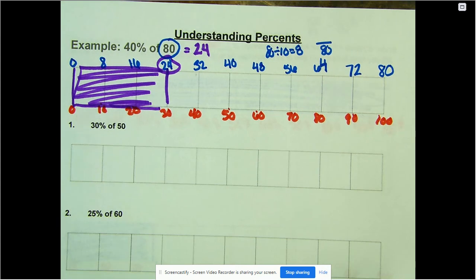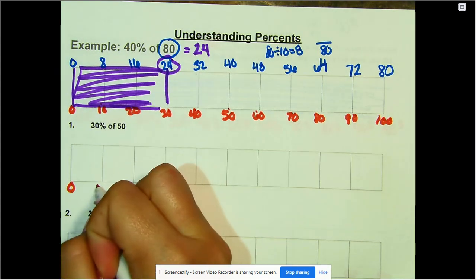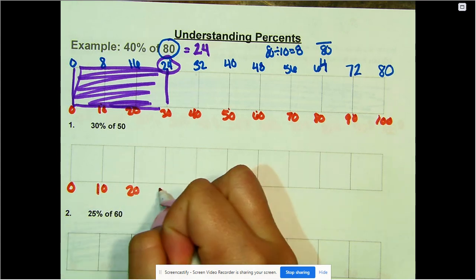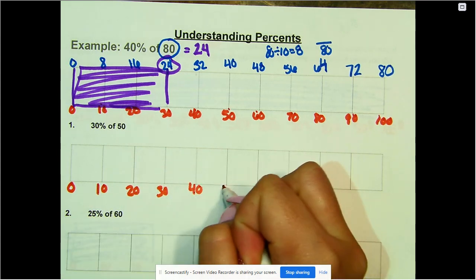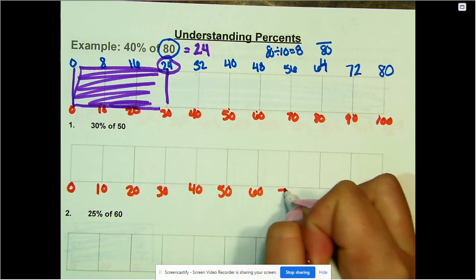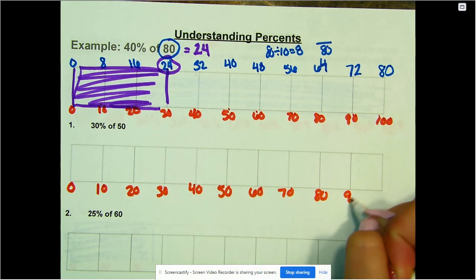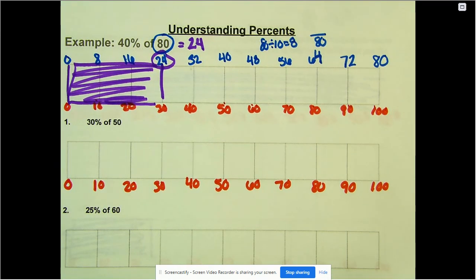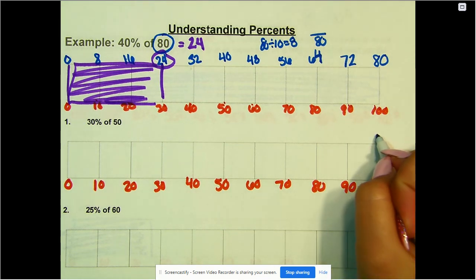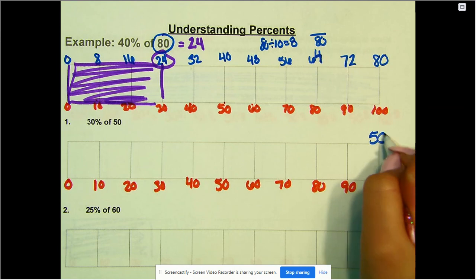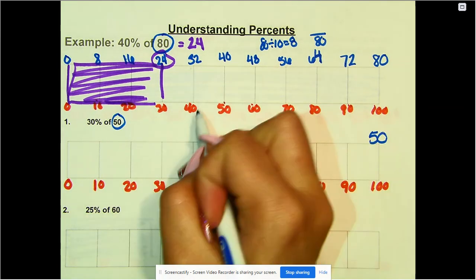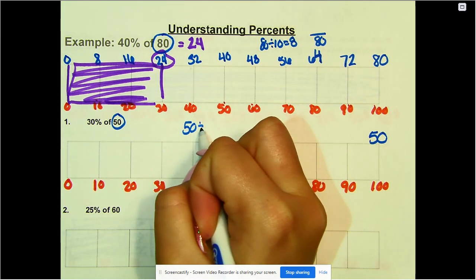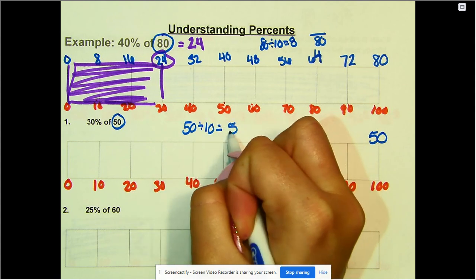Okay, now let's find 30% of 50. So again, I'm still using a percent bar that is split into tens. 30, 40, 50, 60, 70, 80, 90, 100. Okay, I forgot to put, our 100% would be 50 again, because that's your total. So if I split 50 into 10 sections, each section is worth 5.